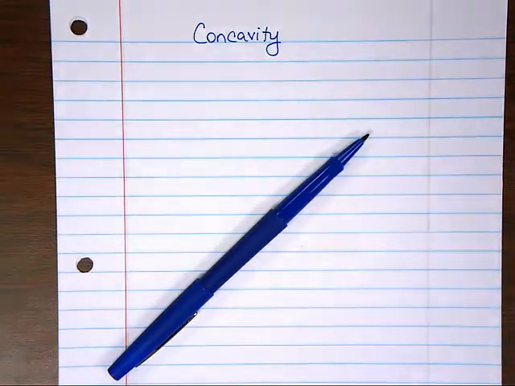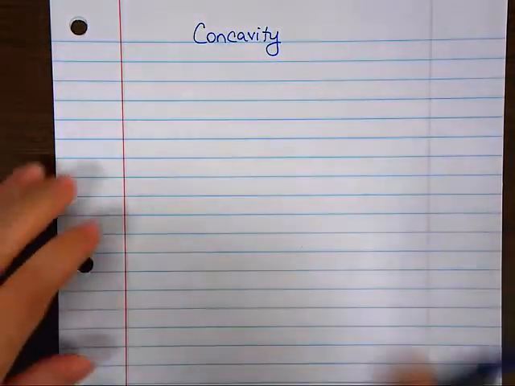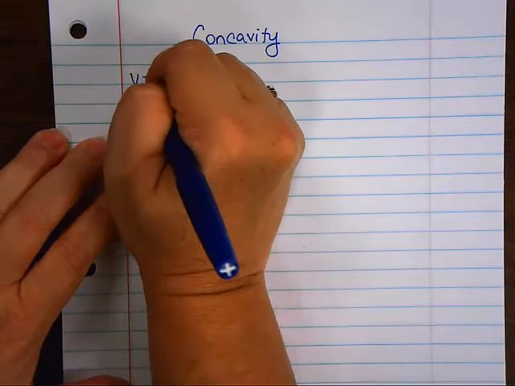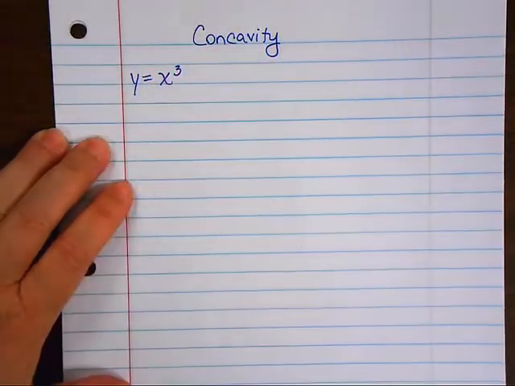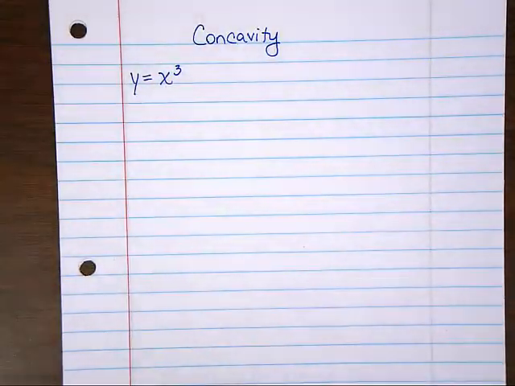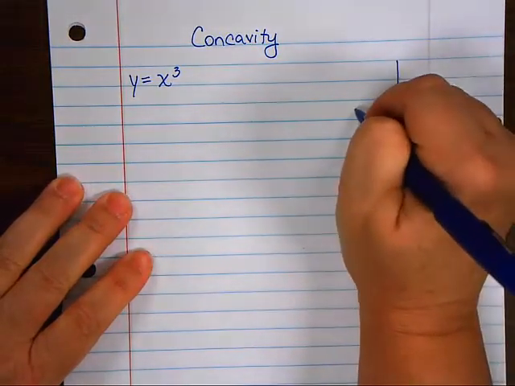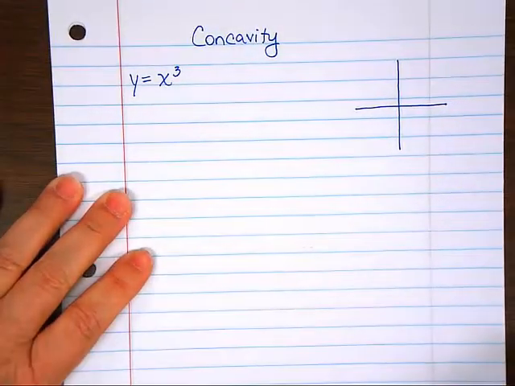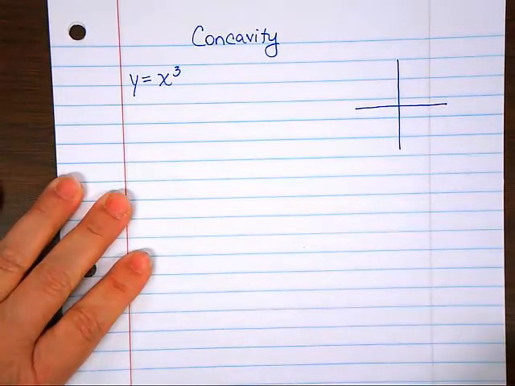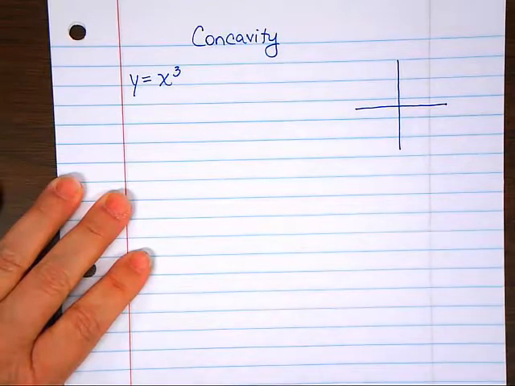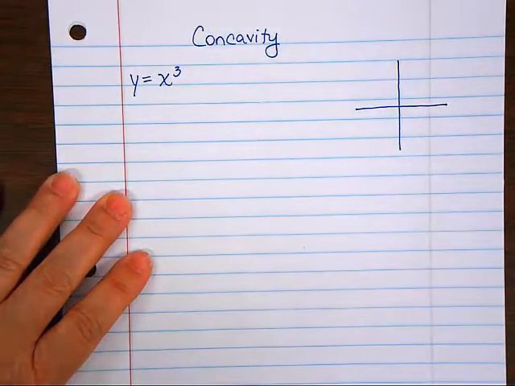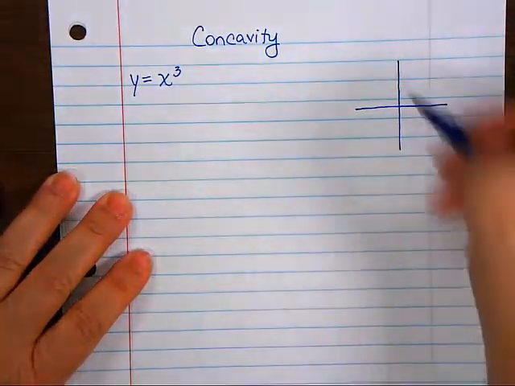So we're going to look at a parent function that you're familiar with, and that parent function is x to the third. So let's write down y equals x to the third. You remember what that graph looks like? It's a wiggle. Those of you who took pre-AP pre-calc, cross wiggle tan, this is a wiggle.